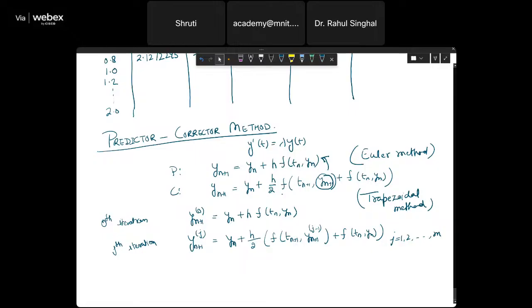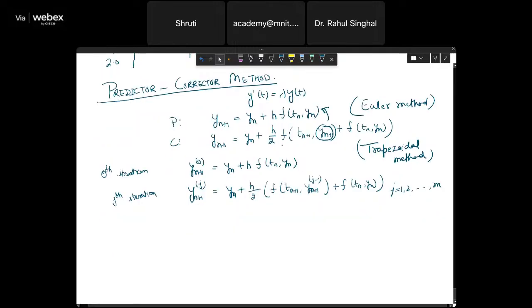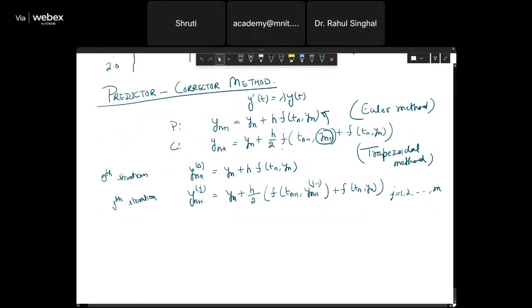The plan is to compute the local truncation error and see what order of local truncation error is obtained. With the help of the order of local truncation error and global truncation error, we can again say that the method converges to the solution with that order.